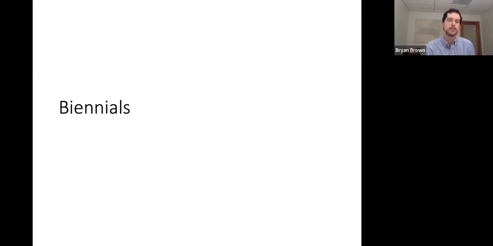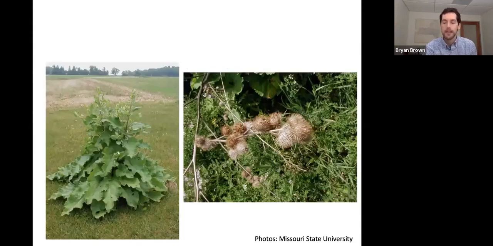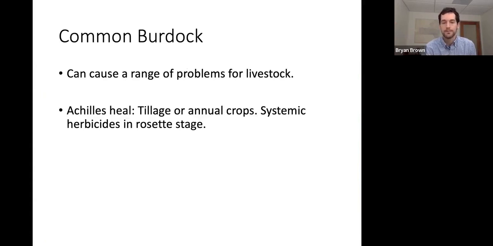So biennials, these emerge typically in the spring, put on a fair amount of growth over winter, and then complete their life cycle the following year. Several of you mentioned this weed, which is common burdock. I'm assuming you're in pasture or livestock systems where it can cause a number of problems.